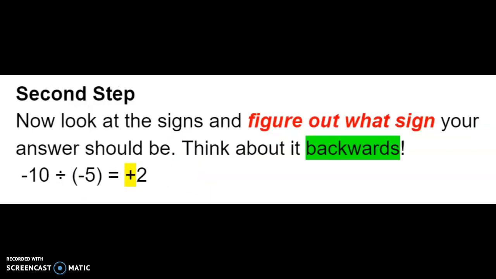For our second step, we've got to look at the signs and figure out what sign the answer should be. Kind of thinking about it again backwards. We've got a negative divided by a negative and that gives us a positive. Thinking about it backwards, that positive sign, almost ready for the third step.